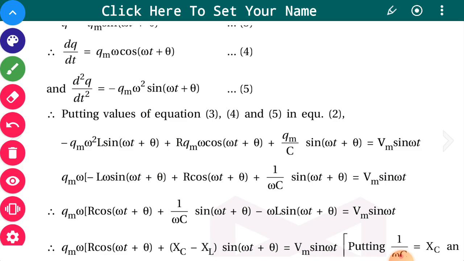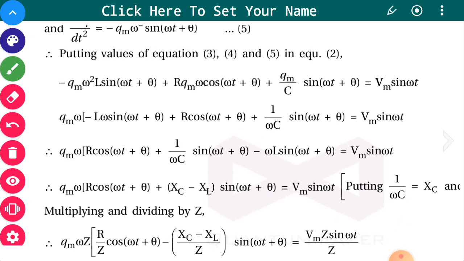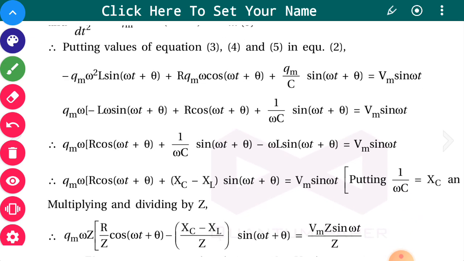Now see, again here slightly there is a change in the order of the terms. Here this Qm omega R cos omega t plus theta is written first.